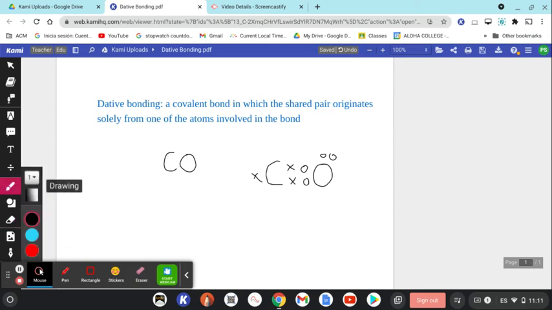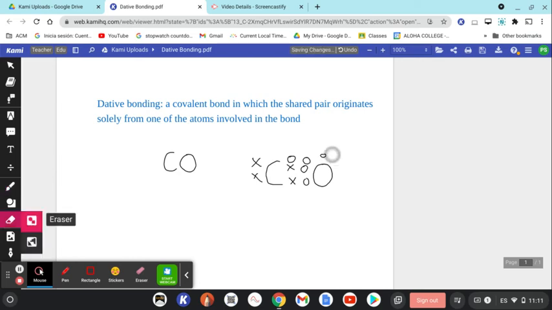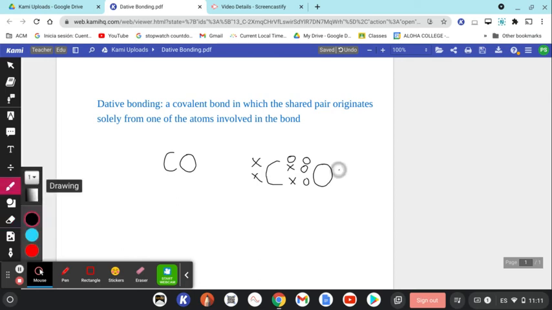Instead of using another carbon electron, we use one of the lone pairs of oxygen to donate both electrons to the bond. Let's just move these other shared pair electrons here. So this is where the dative bonding comes in. Now both atoms have 8 electrons in their outer shell.